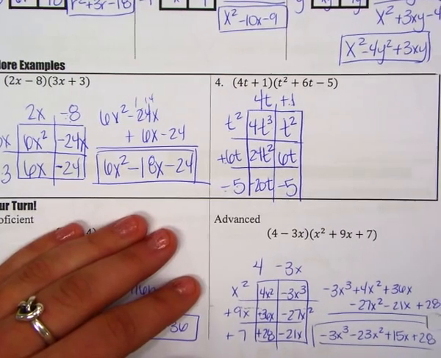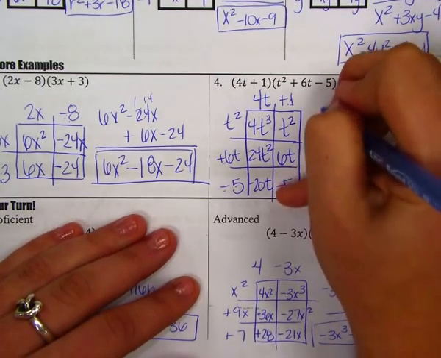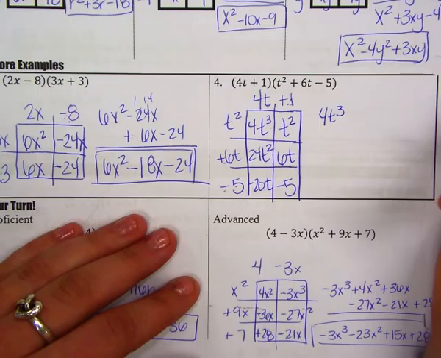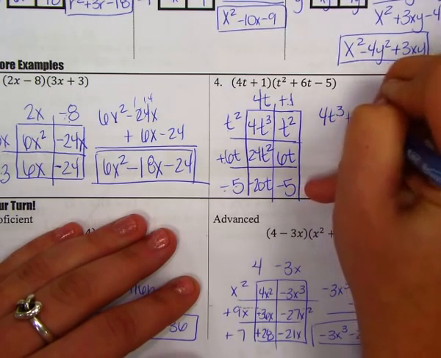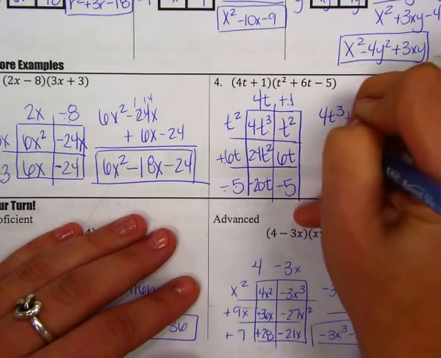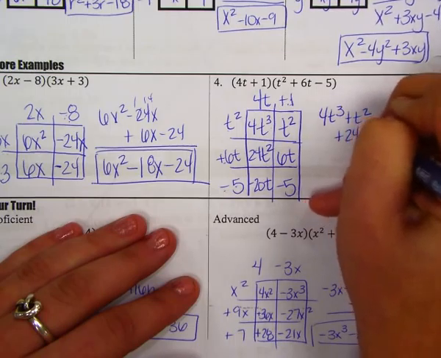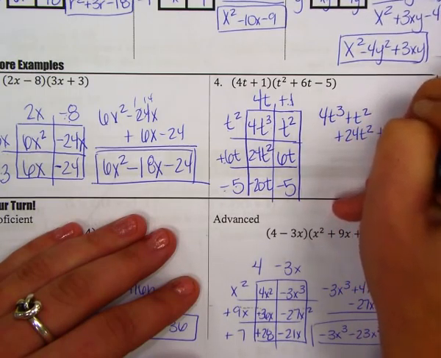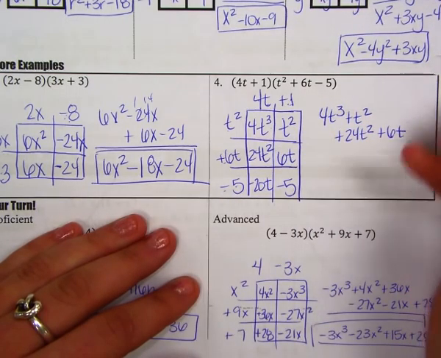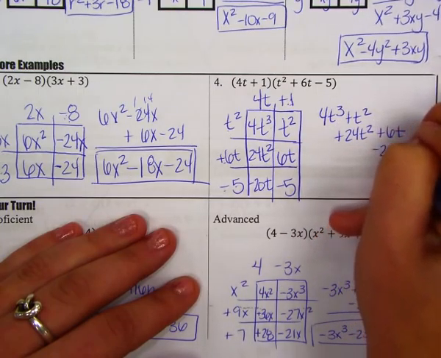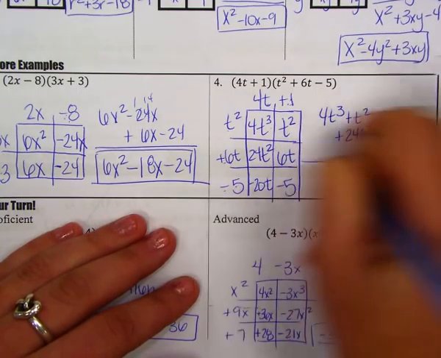So there's just more terms now to add up. When I rewrite, I'm going to line things up. So plus t squared, plus 24t squared, plus 6t, minus 20t, minus 5.